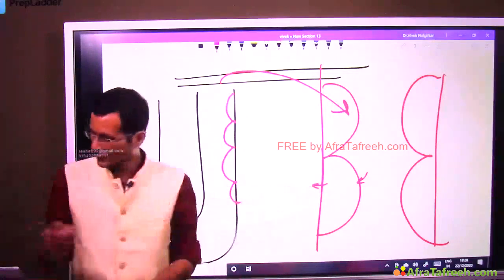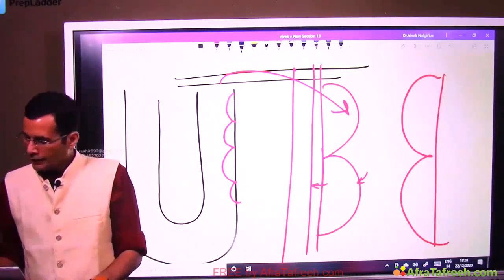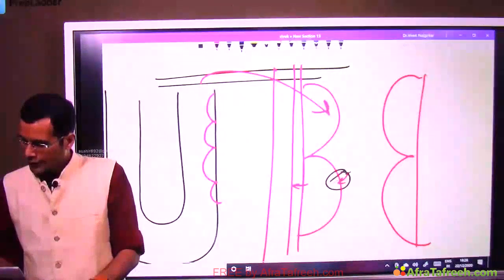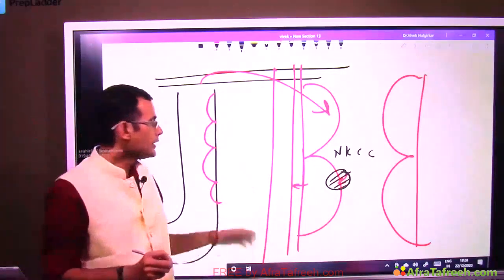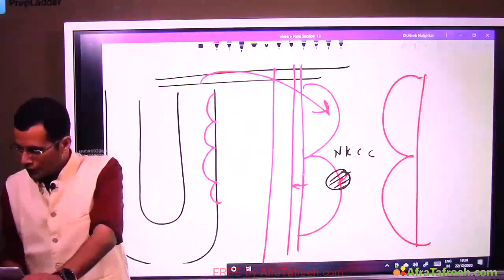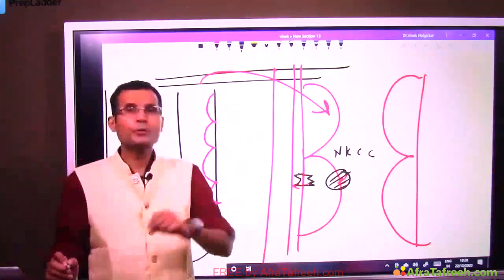Basolateral membrane is facing the blood vessel. The apical membrane has a transporter like NKCC or NCC, and the basolateral membrane facing the blood vessel, there is a sodium potassium pump.